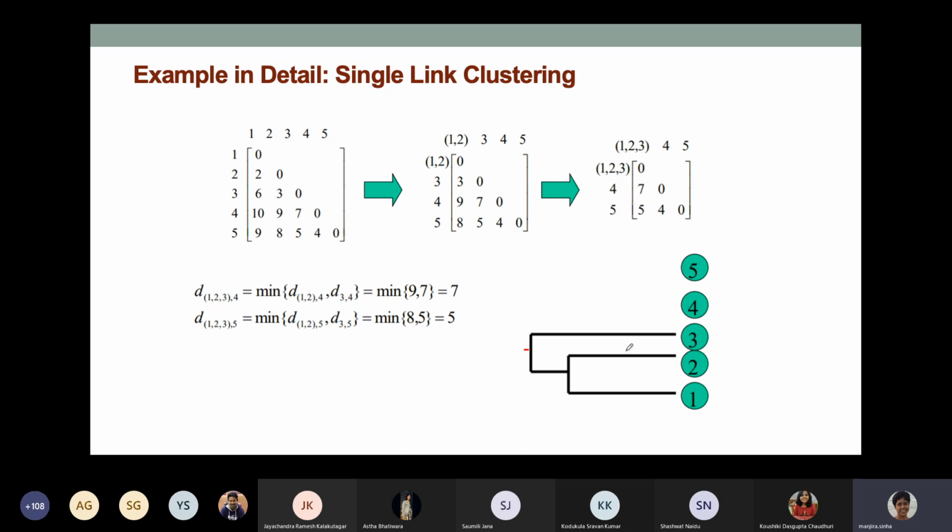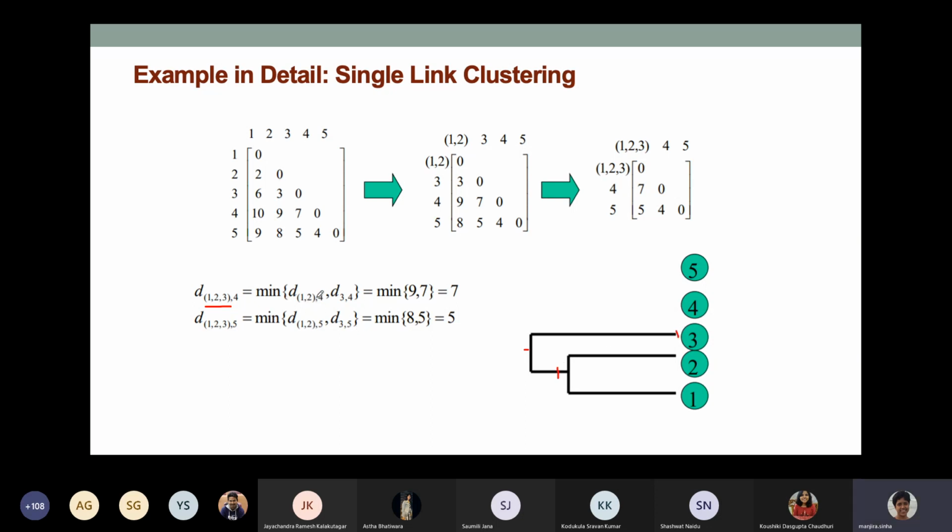So now how will I calculate the distance between D123 and 4? It will be the minimum of D12 and 4 and D3 and 4. See, it will not be the minimum of D1 and 4, D2 and 4, because D1 and 2 is a cluster, and 3 is the other.